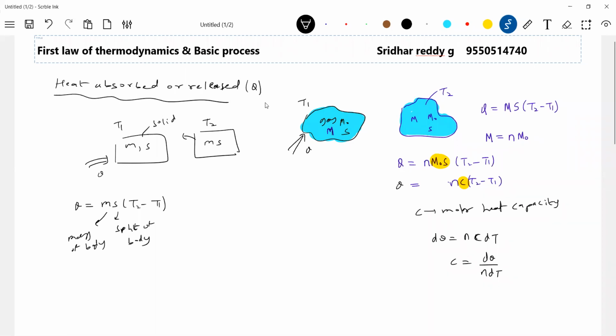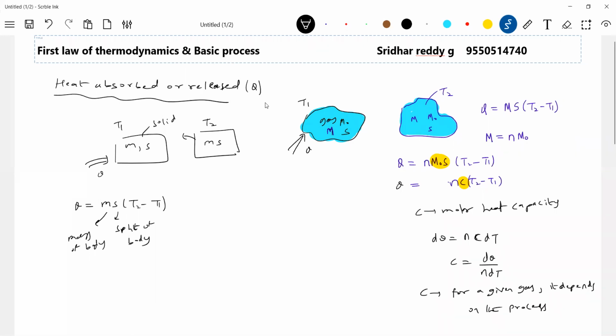For a given gas, for different processes, it will be different. For a given gas, the molar capacity depends on the process, not on the nature of the gas.